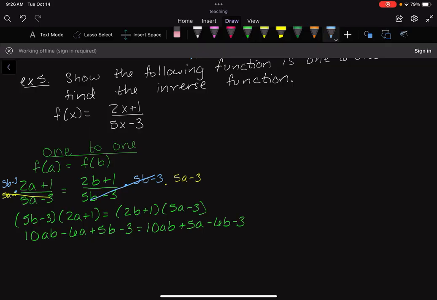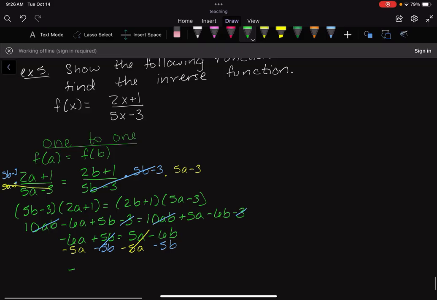We can do some simplifying. These 3's will cancel. These 10ab's will cancel. So I have negative 6a plus 5b equals 5a minus 6b. I can move like terms to one side, so I'll do minus 5a on both sides, and I'll do minus 5b on both sides.